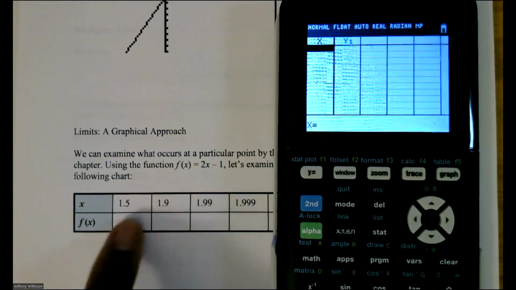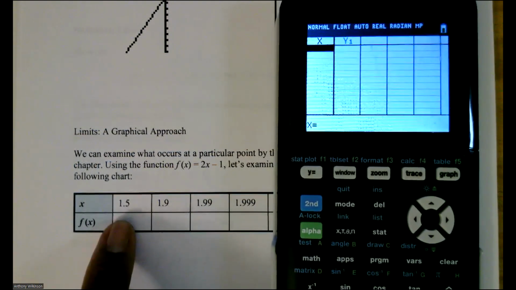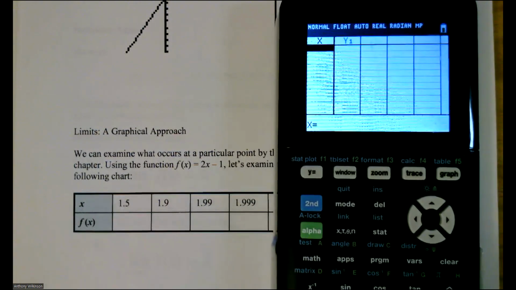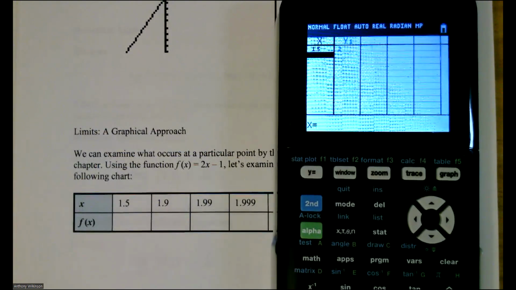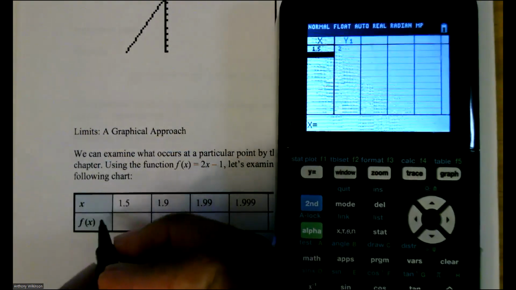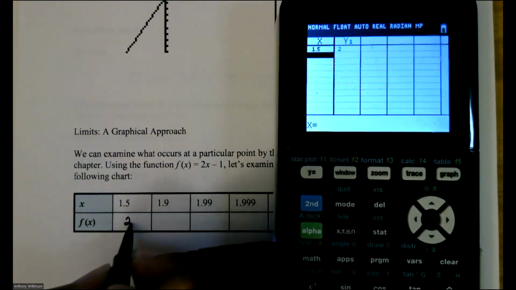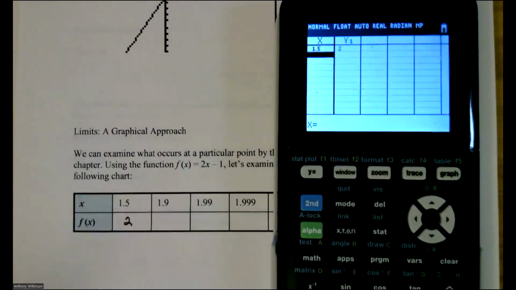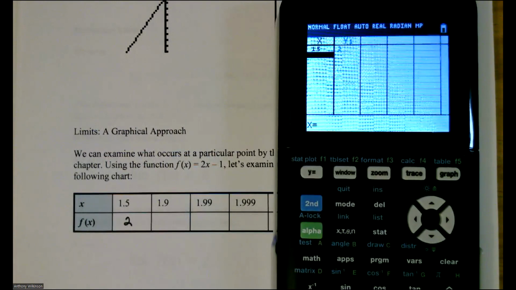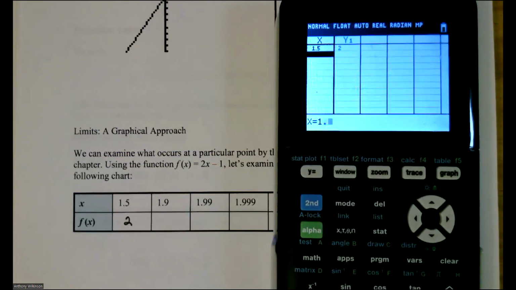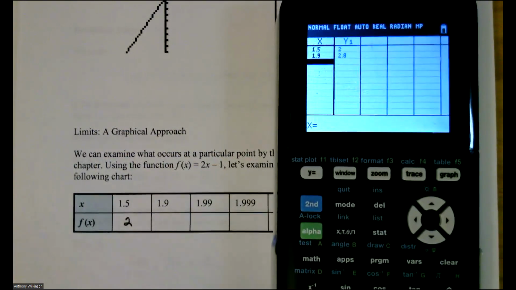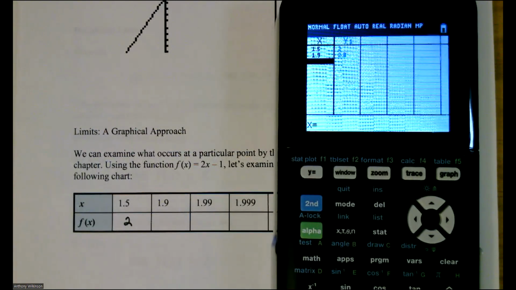And these are the ones I'm going to use, which are values to the left of 2. If I start with 1.5 and then enter, it gives me the value of 2. So for x being 1.5, f of x will be 2, based on the equation f of x equal to 2x minus 1. Then for 1.9, that gives me 2.8.